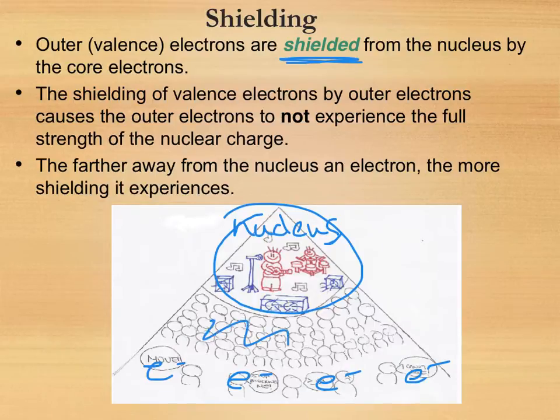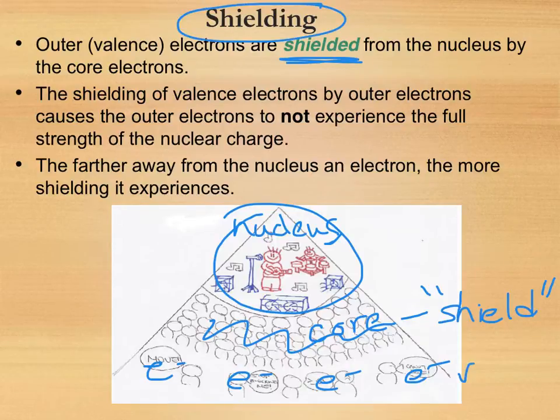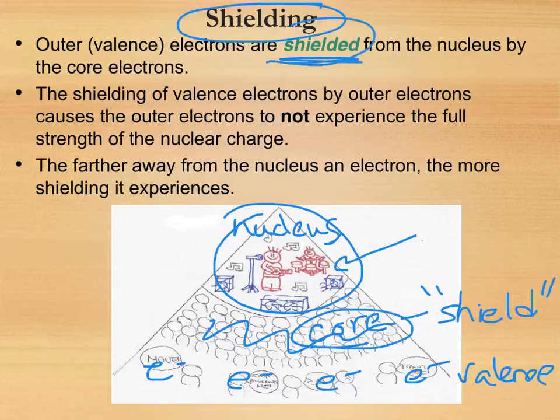And all of these people in here are the core electrons, and the core electrons shield. Okay, that's the term we're trying to understand. They shield these valence electrons from getting the full effect of the concert. That's what core electrons do. They shield the valence electrons from the full attraction of the protons in the nucleus. And so that's another term you need to be able to understand and incorporate in any type of conceptual explanation that you give.